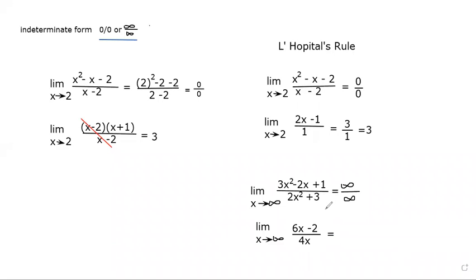That's no problem. That's the beauty of L'Hopital's rule. We just do it again. And we basically are able to do it until it works itself out. So let's go down to the next step. We'll repeat this again. The derivative of 6x minus 2 is 6.